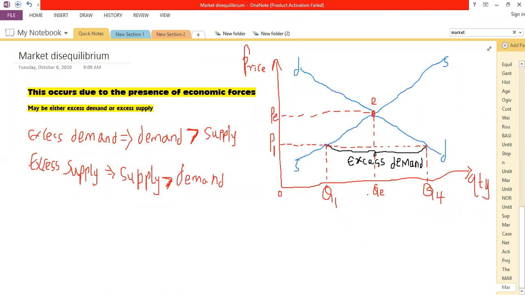What are the implications of an excess demand in the market for a commodity? With excess demand, of course, you'd expect this price P1 will start to increase. That's the normal behavior in the market for a commodity, that when we are demanding more than what has been supplied, the supplier will take an opportunity now of increasing the price of the commodity in the market.